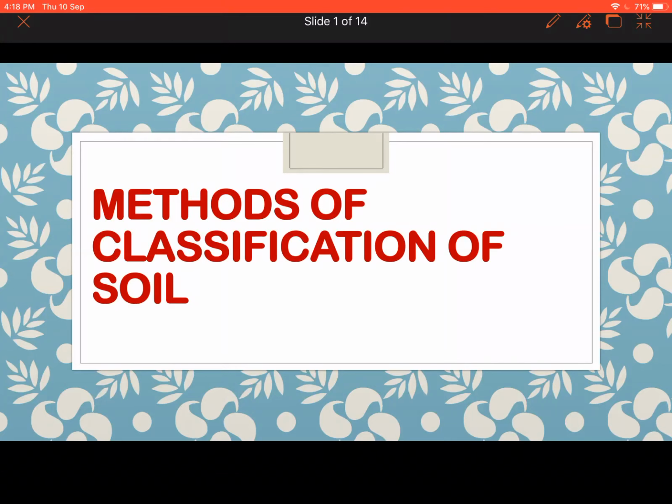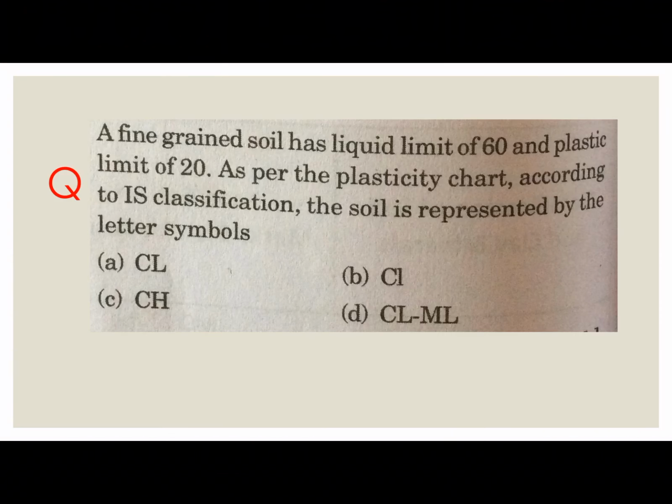So the first question we have is, a fine grained soil has liquid limit of 60 and plastic limit of 20. As per the plasticity chart, according to IS classification, the soil is represented by the letter symbols CL, CI, CH, ML.